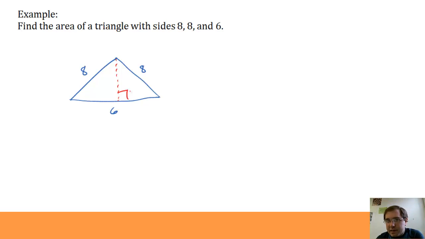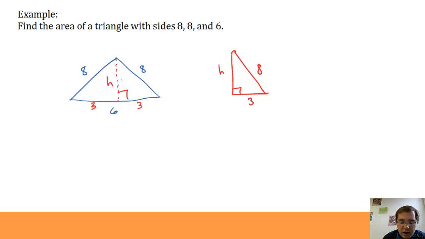Because this is an isosceles triangle, I'm able to say that that altitude is also going to be a perpendicular bisector. So that's going to be 3 there and 3 there. The 6 is going to be split up evenly, which means I then have a right triangle on each side here with 3 and 8, and I can find the other side, which will be h, the height, using the Pythagorean theorem.